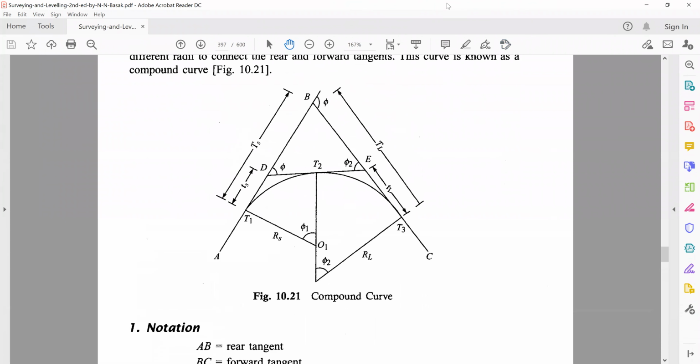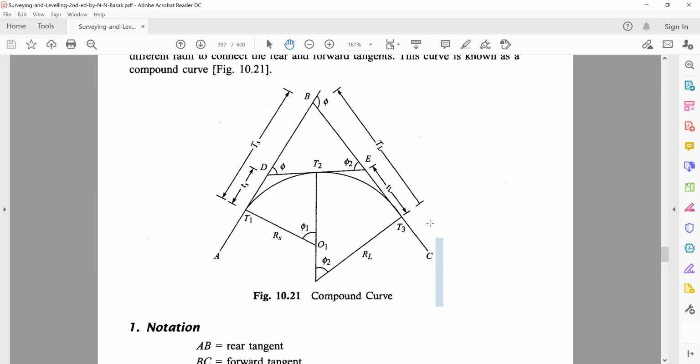So if you want to find out the tangent length, capital TS, or the length T1B, the length would be the addition of the tangent length of the first simple circular curve plus the distance BD. Now we don't know the distance BD, and we have to find that out. So for that, they're using this triangle BDE.